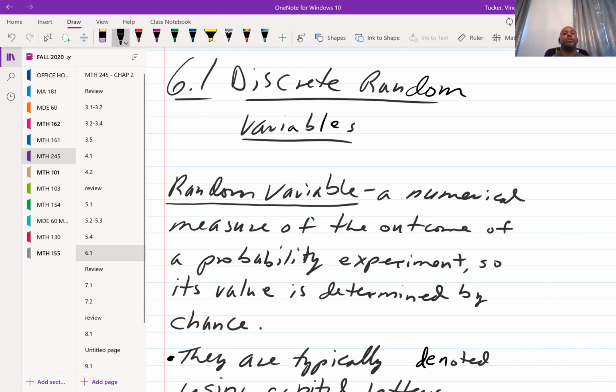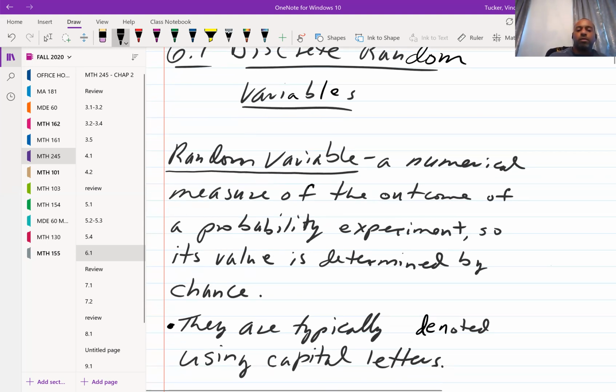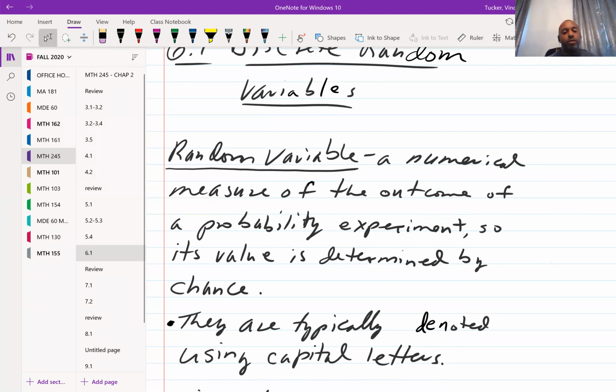A random variable is a numerical measure of the outcome of a probability experiment, so its value is determined by chance. They are typically denoted by using capital letters.